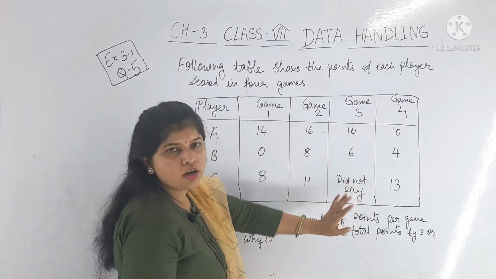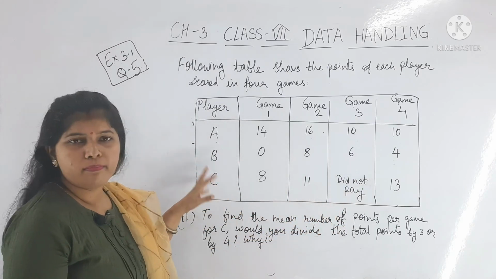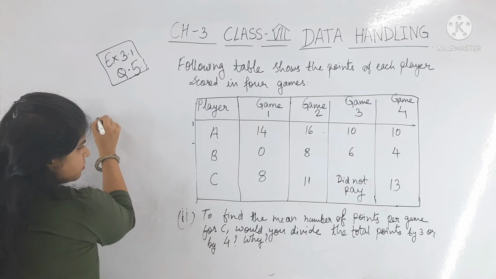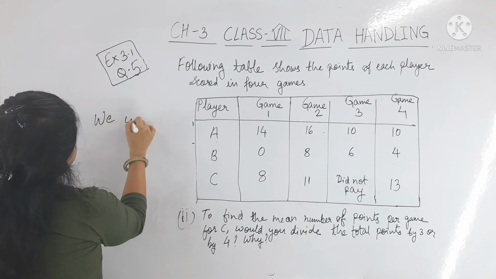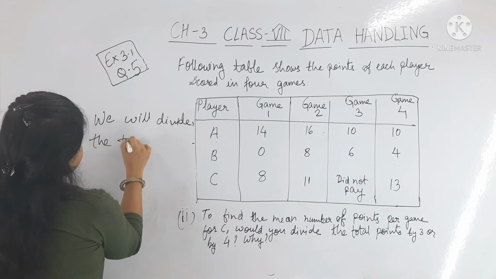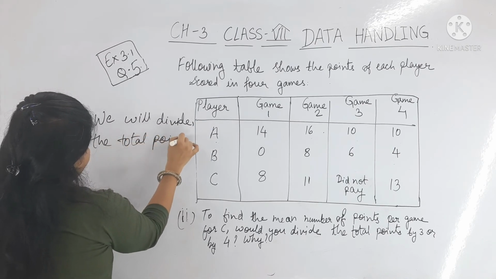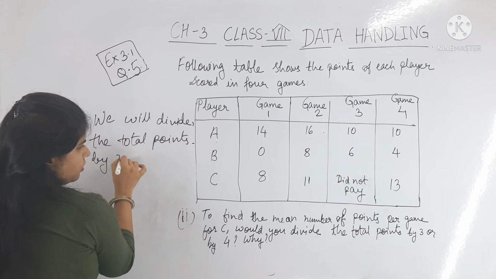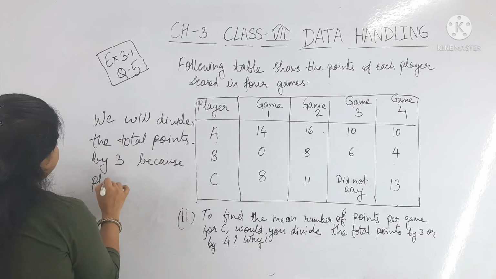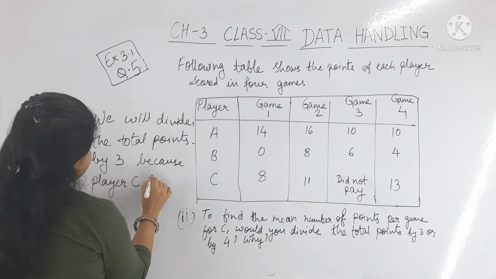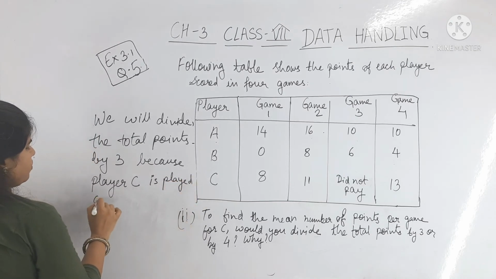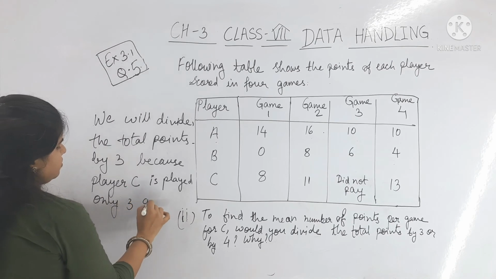So game 3 was not played by player C. So here the answer is that we will divide the total points by 3 because player C played only 3 games.